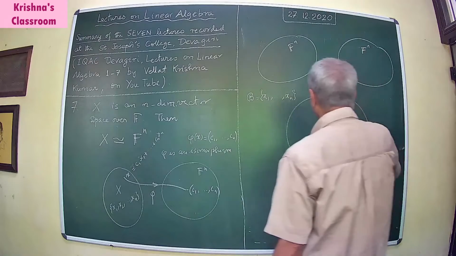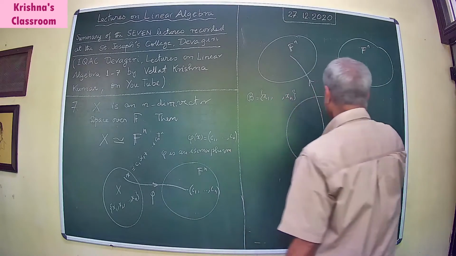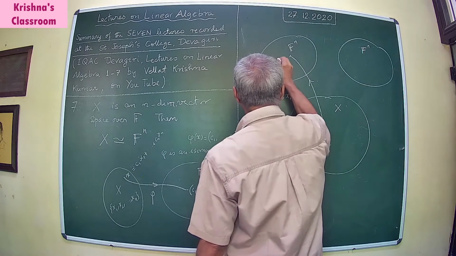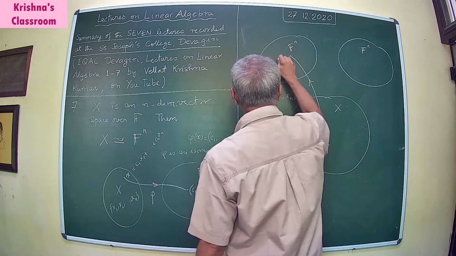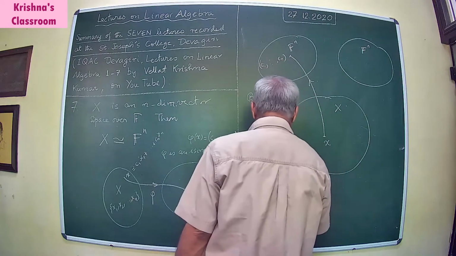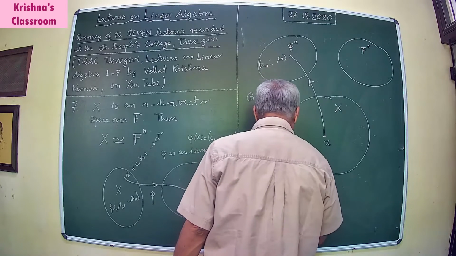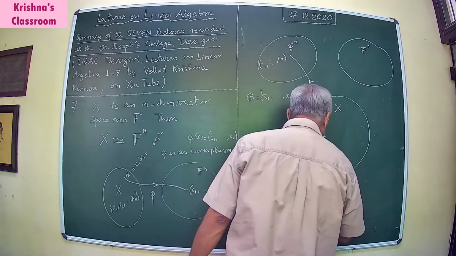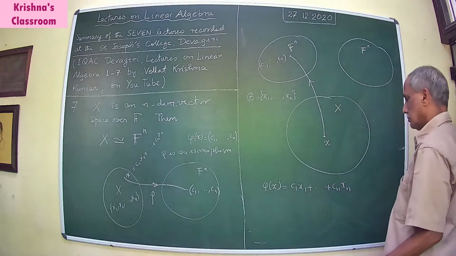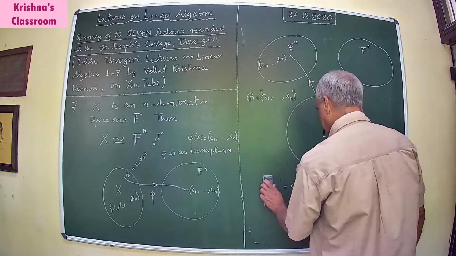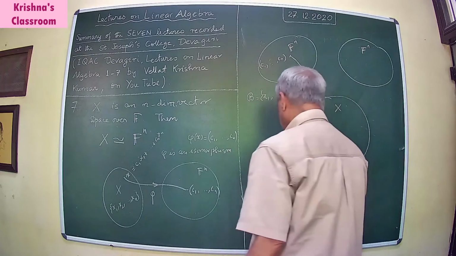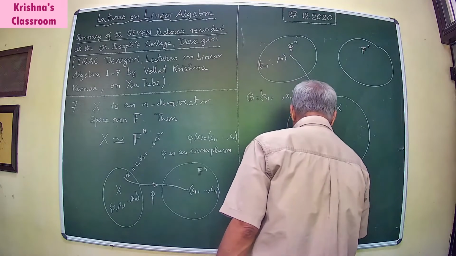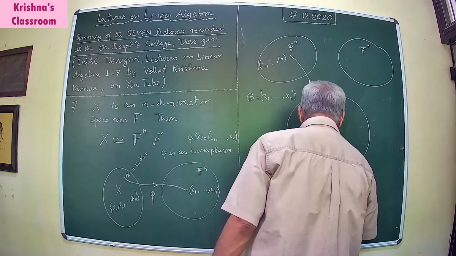Then you see that you have a phi which associates x with c1 x1 plus ... plus cn xn, by which you get phi of x, as we have done earlier.